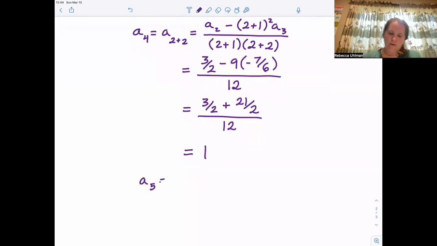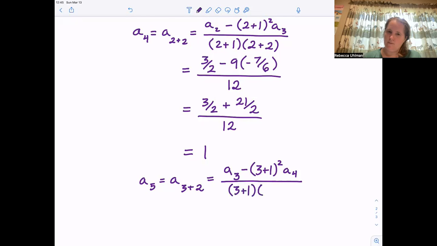A5, we are looking at a sub 3 plus 2, working with n equals 3. We are therefore looking at a sub 3 minus (3 plus 1) squared times a sub 4 all over (3 plus 1) times (3 plus 2).